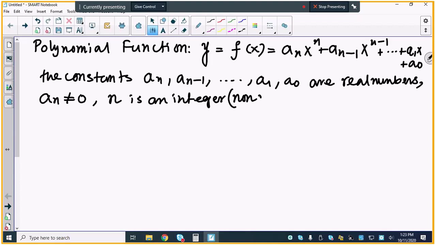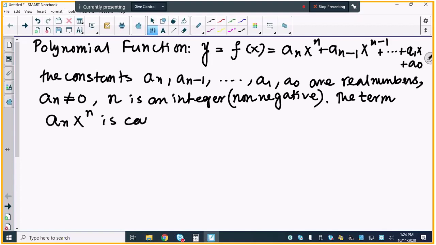So it can be 0, but it cannot be a negative number. In this situation, the term a_n x^n, basically the term with the highest degree or the highest power for x, is called the leading term.